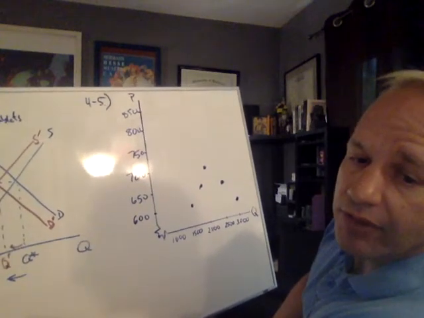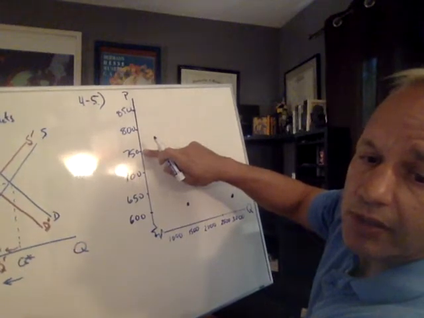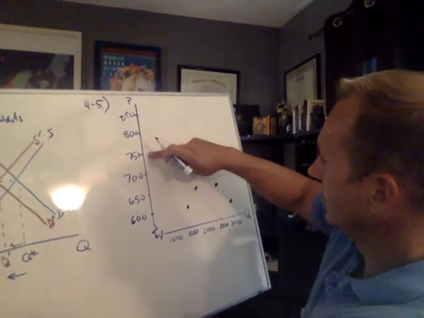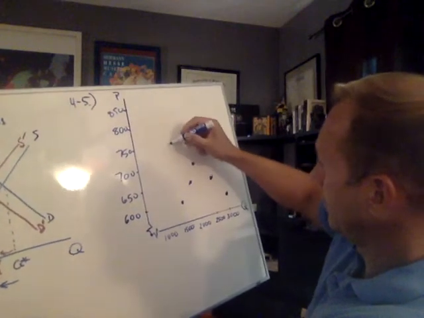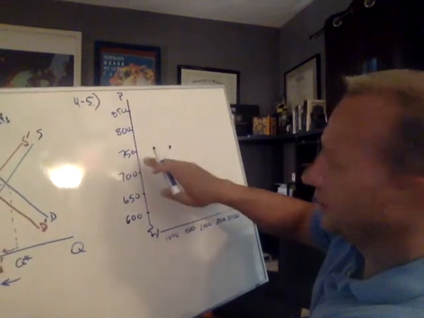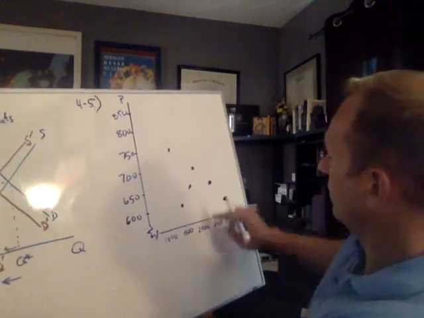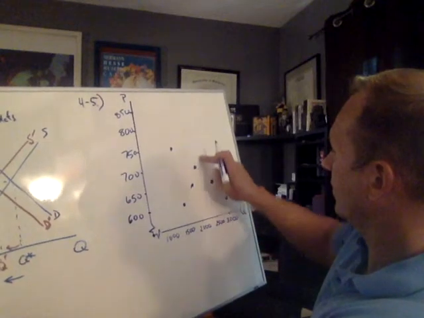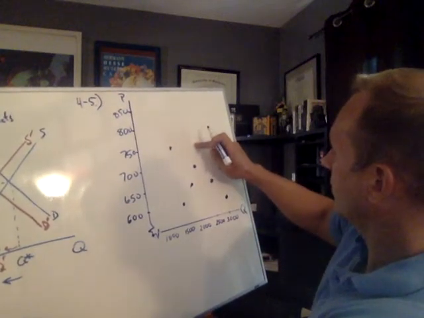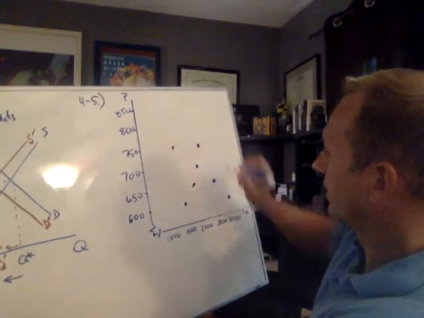At 750, the quantity demanded is 1500. Right about there. And at 750, the quantity supplied is 2200. Well, 2200 would be just left of halfway across 2000 and 2500, so you're right about there.